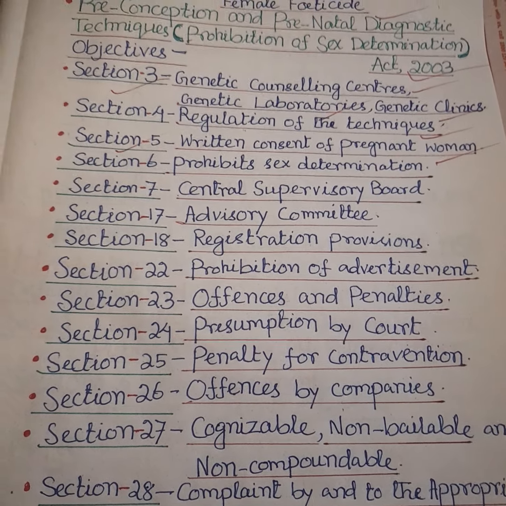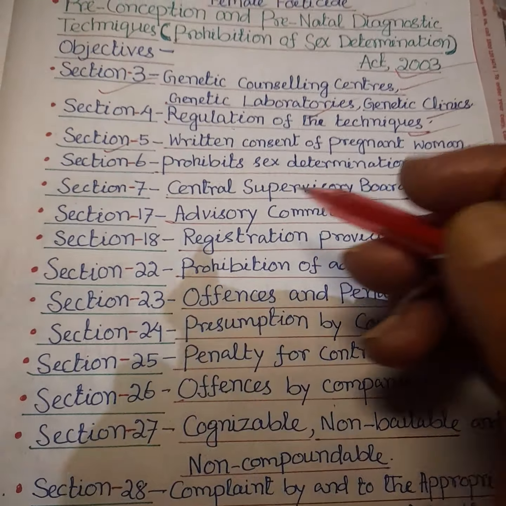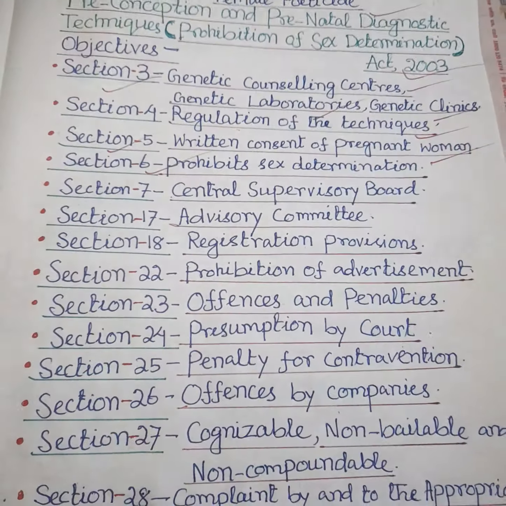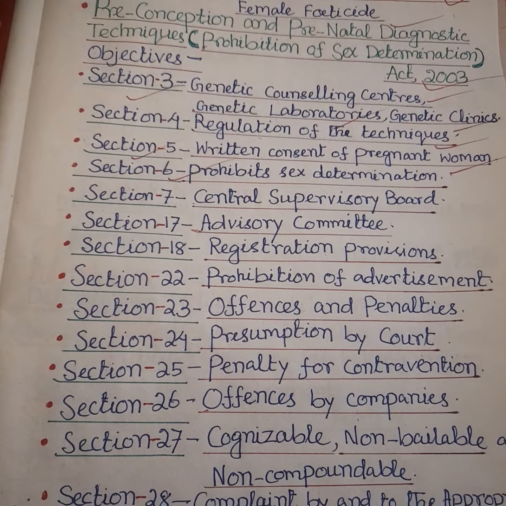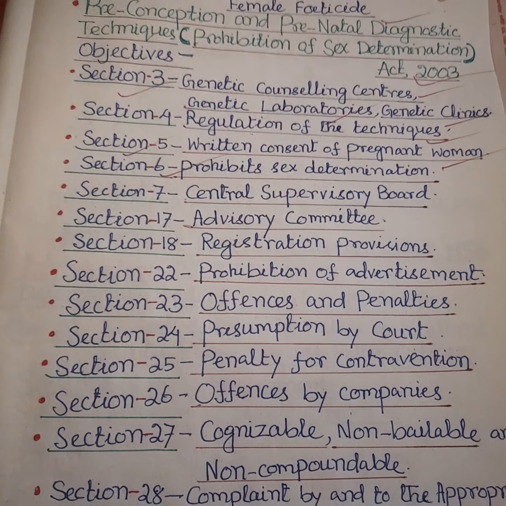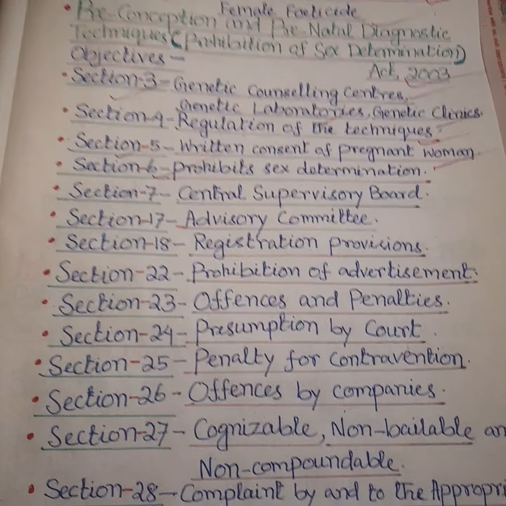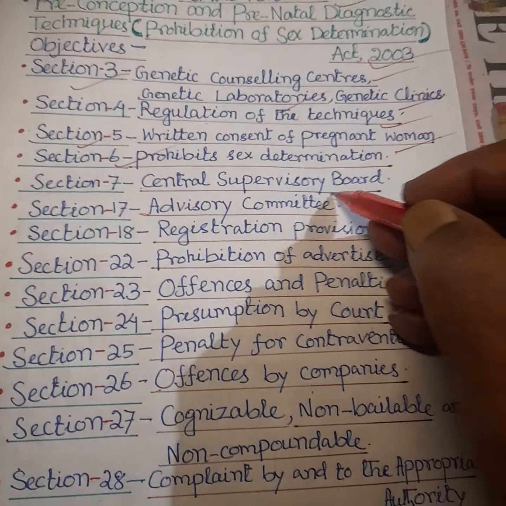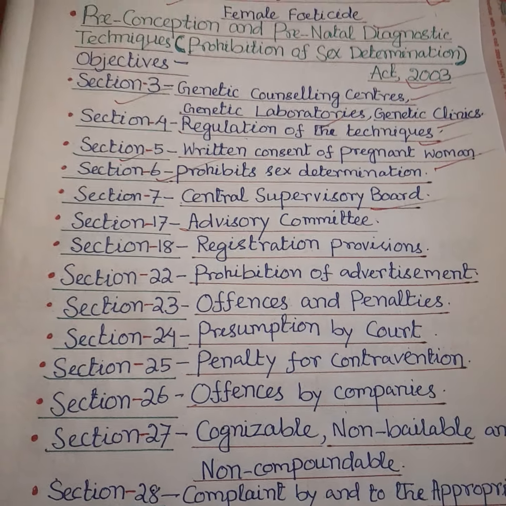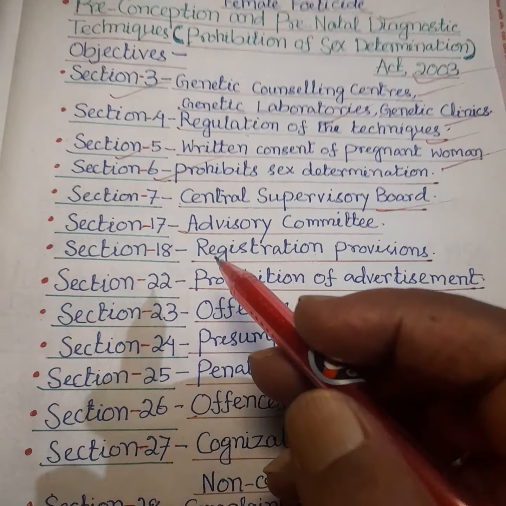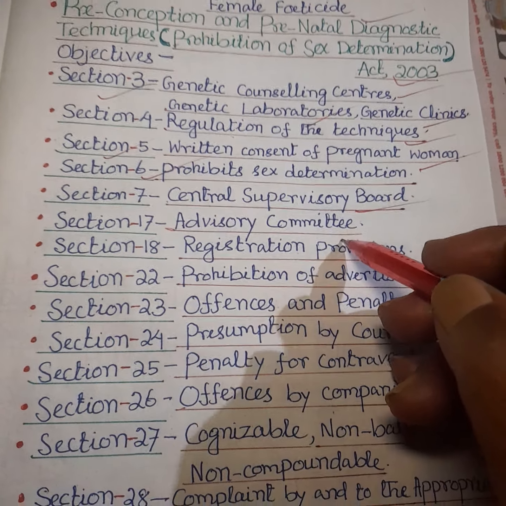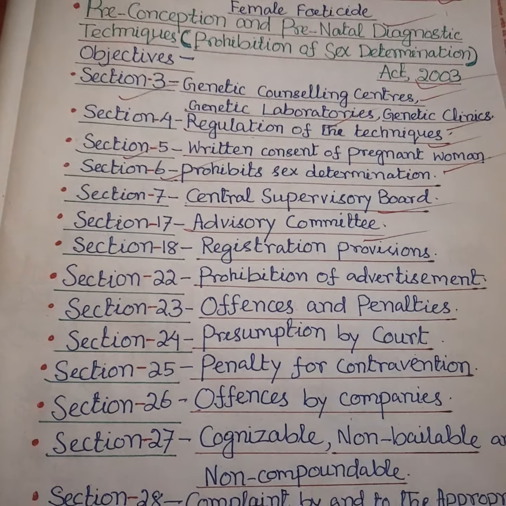Section 6 prohibits determination of sex, while Section 7 provides for constitution of the Central Supervisory Board, and Section 17 of the Act provides regarding the advisory committee.